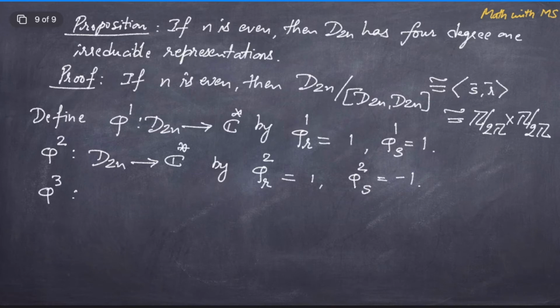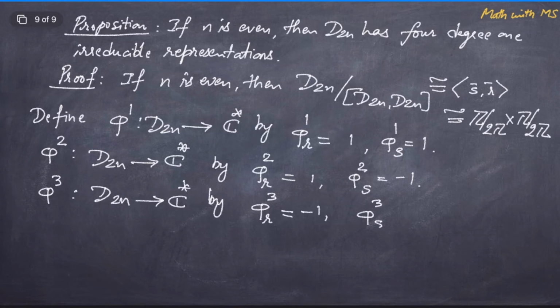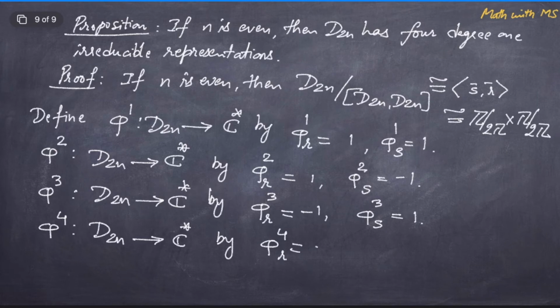Phi 3 from D2N to C star by phi 3 of R equals minus 1, and phi 3 of S equals 1, and phi 4 from D2N to C star, phi 4 of R equals minus 1, and phi 4 of S equals minus 1.